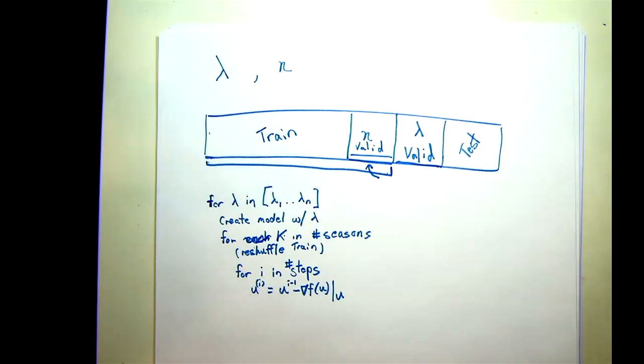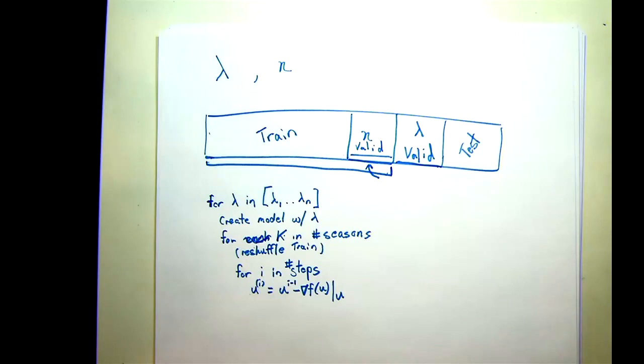That would give an advantage to that particular lambda. Now it still kind of has an advantage, but like I said, there's a lot of slack in the eta, so it's okay. But if you use that validation set, I think you'd give a little advantage to that particular lambda.